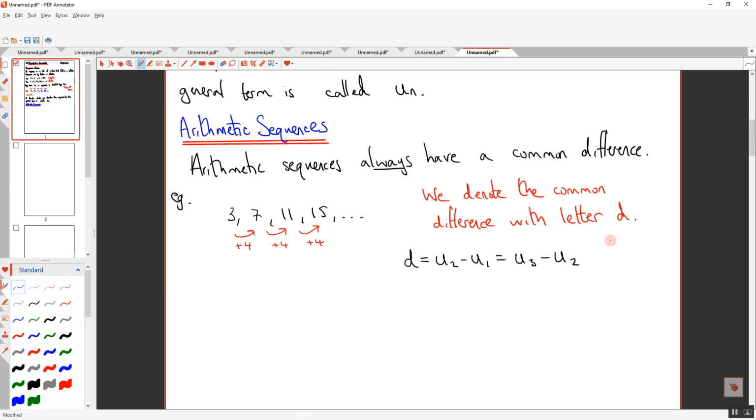So if you subtract any two consecutive terms, which means one after the other, you get the common difference. That's quite important. Also, 7, 4, 1. The common difference in this case is -3.